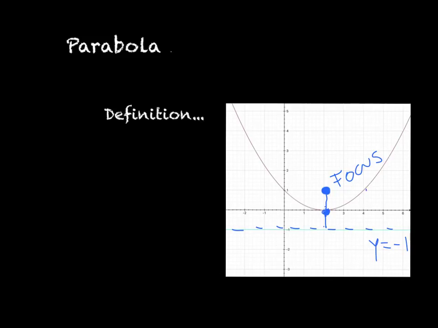And then you have to move. For example, this point over here on the same parabola, if you measure this distance, it is exactly the same as this distance. And that happens to any other point of the parabola. Let's take this point over here. The distance between this point and the focus is exactly the same as the distance between this point and the directrix.